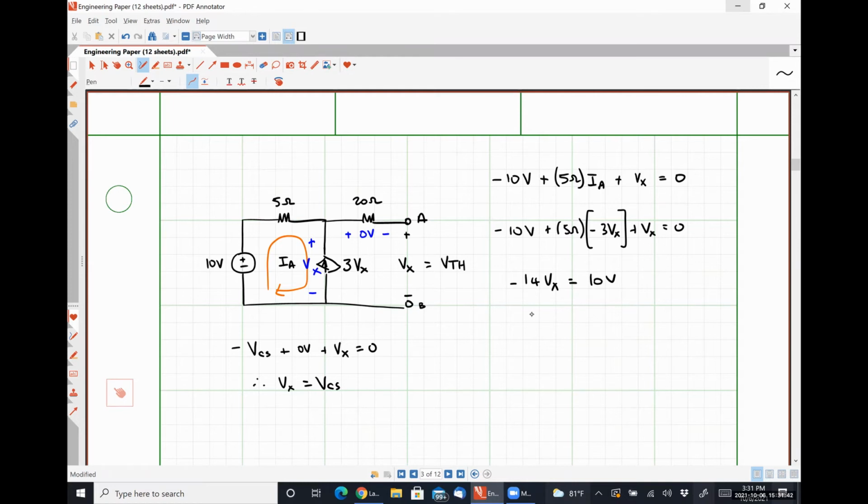And Vx in this case would be 10 over 14, I mean negative 10 over 14 volts. Which has to be the exact same thing as our Thevenin voltage.